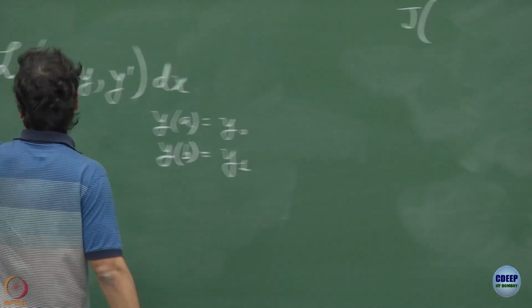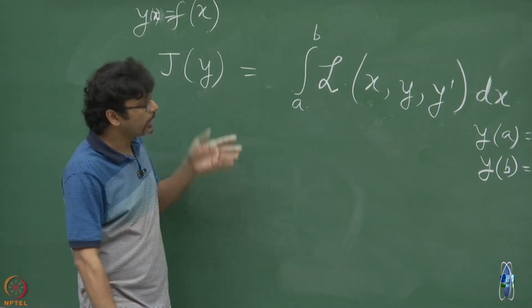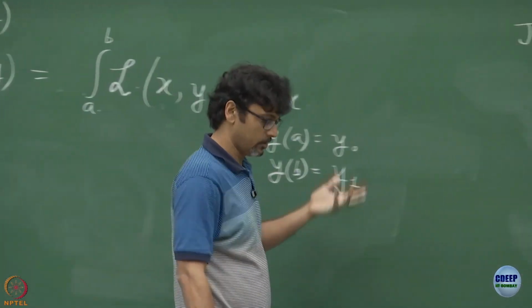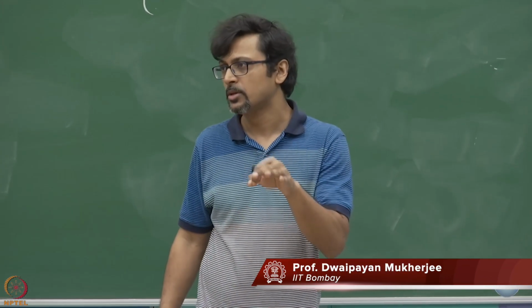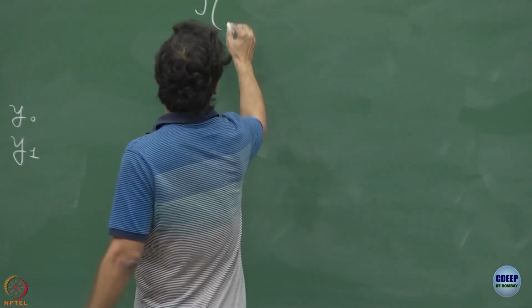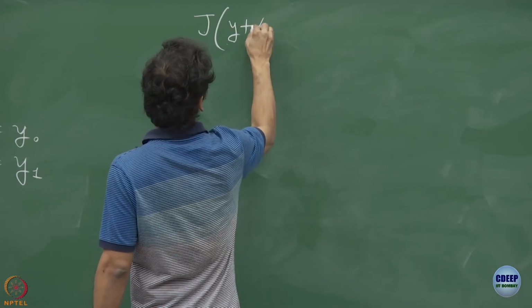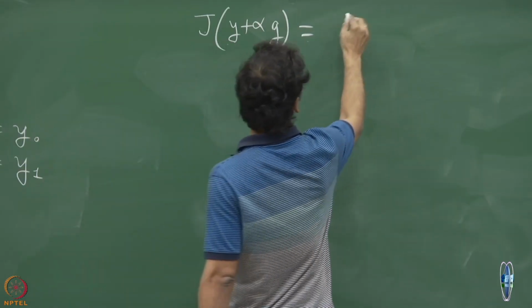So we are going to consider perturbations. Suppose y is an optimal candidate, you can call it y star if you like. Consider a perturbation g. So y plus alpha g is what we shall have. If you put y plus alpha g here, what happens to this integral?